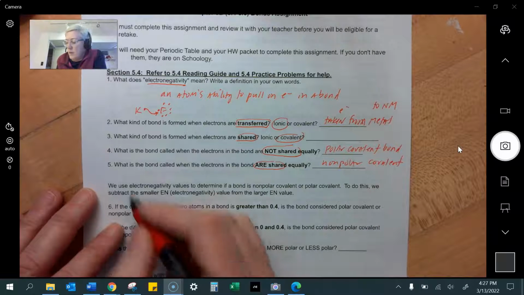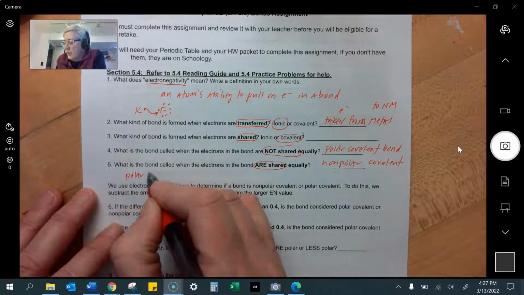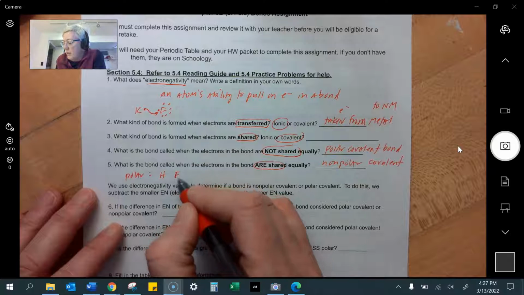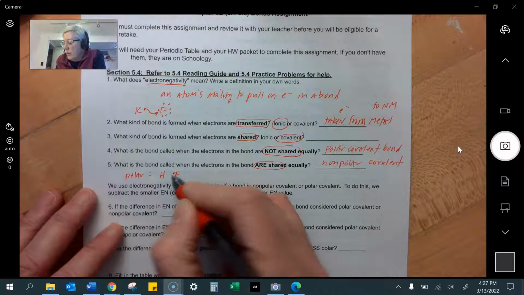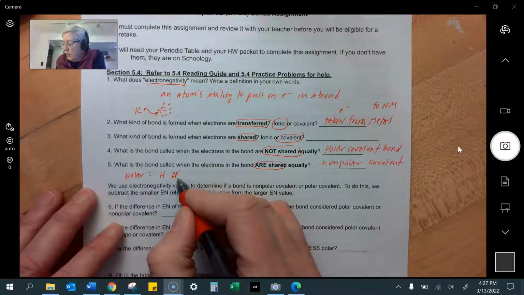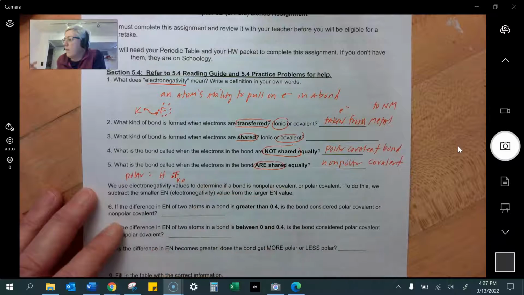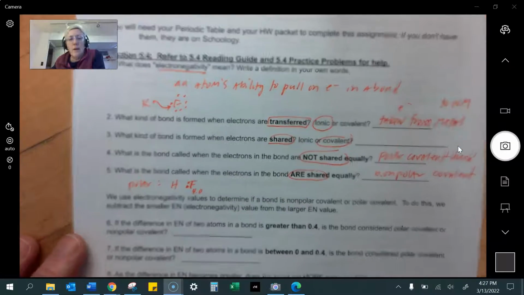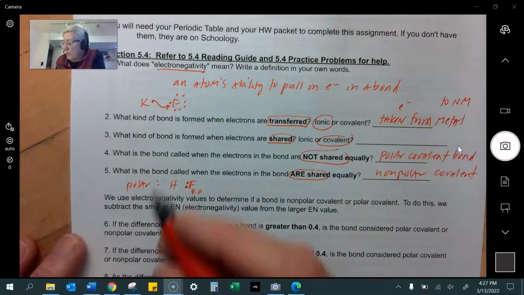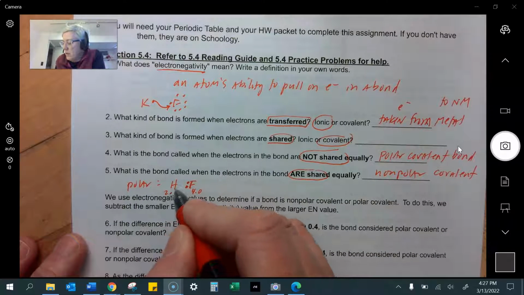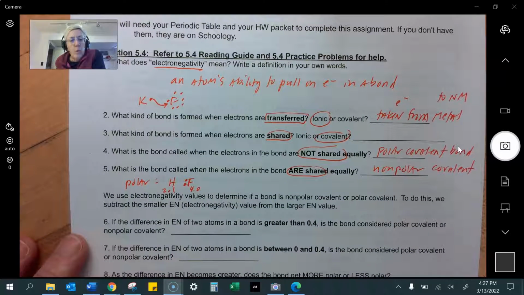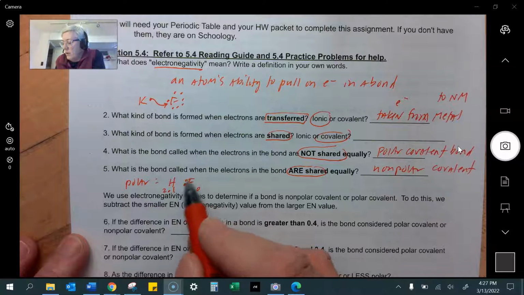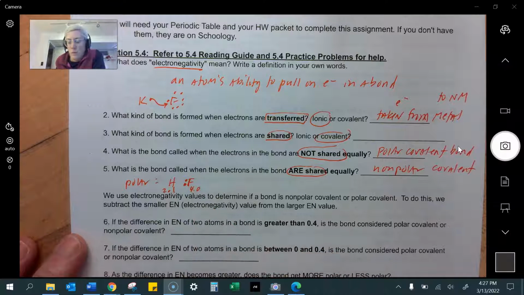All right, so for example, a polar bond example would be hydrogen bonded to fluorine. Fluorine is way more electronegative than hydrogen. It can pull on those electrons very tightly. It's got an electronegativity value of 4.0, and I'm hoping you have your periodic table out so you can look at this. Hydrogen's value is 2.1, so this is a polar bond because fluorine doesn't share those electrons equally.